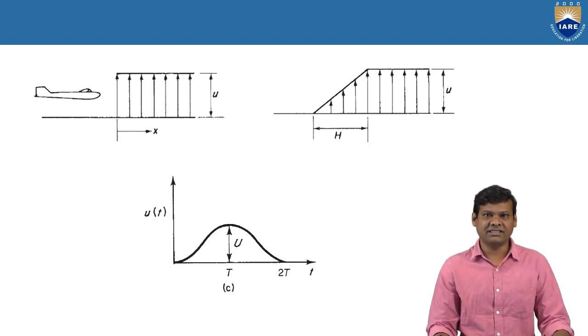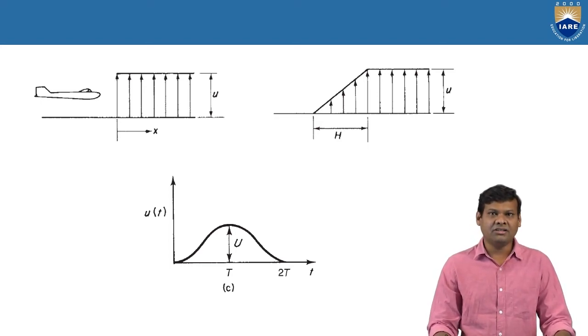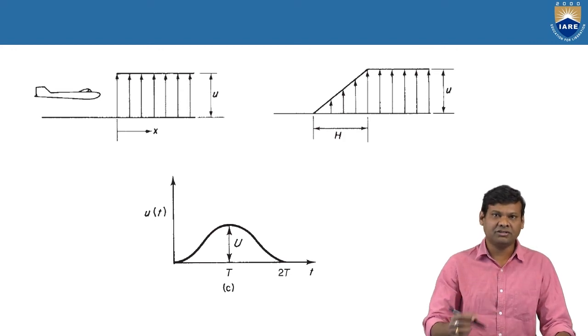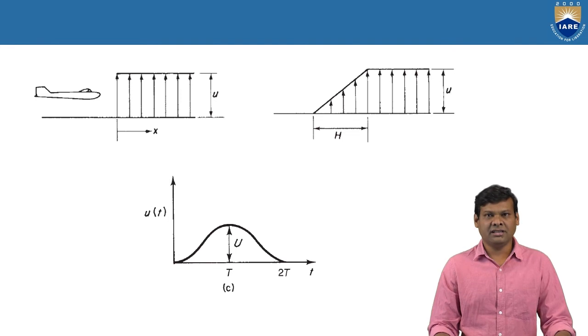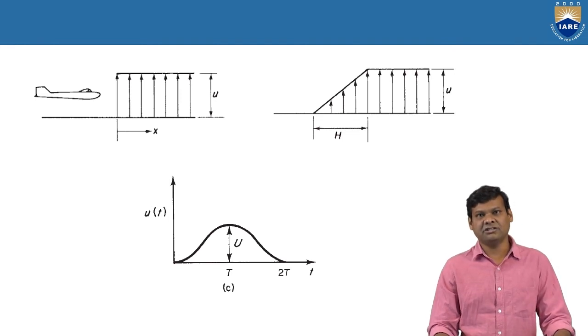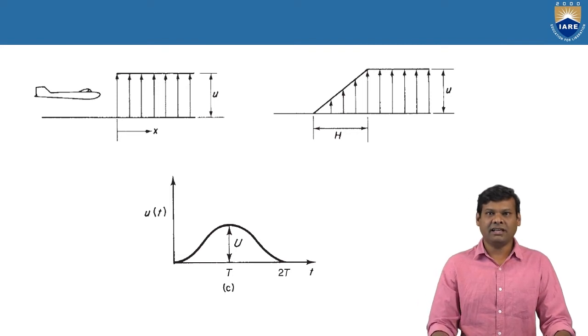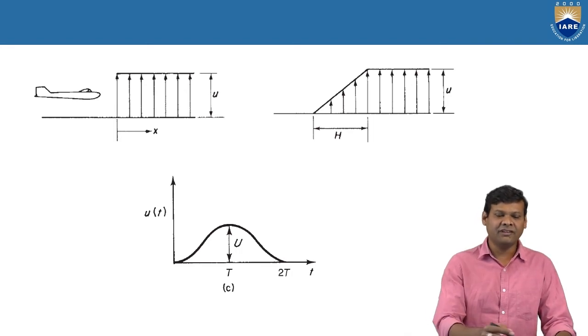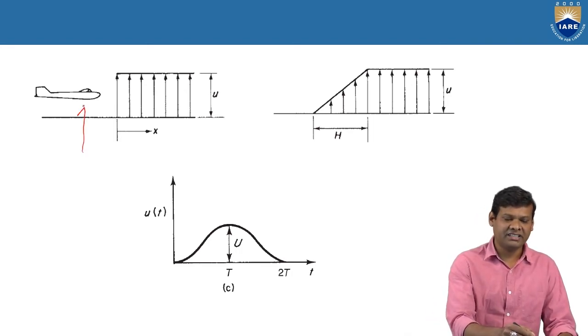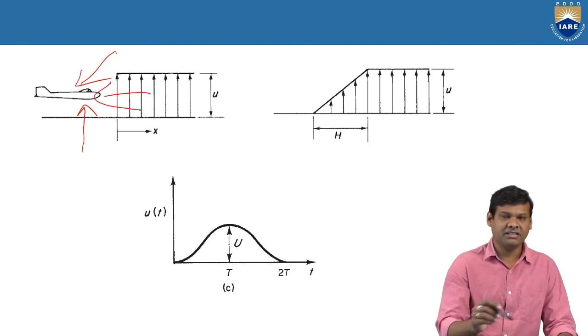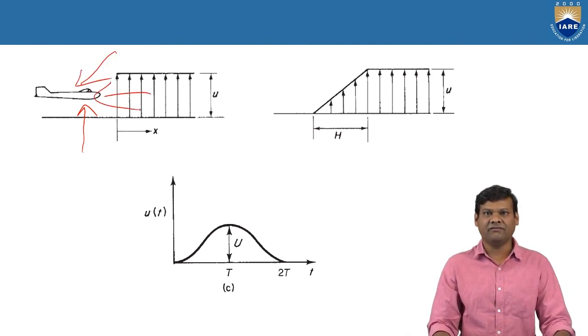But in the case of the 1 minus cosine gust, the velocity in the initial stages increases, reaches a maximum point, and then decreases. All these are approximations. It's not exact, and it is not guaranteed that the gust will always be encountered in this direction. The gust may also come in this direction or in this direction. It is a random process.